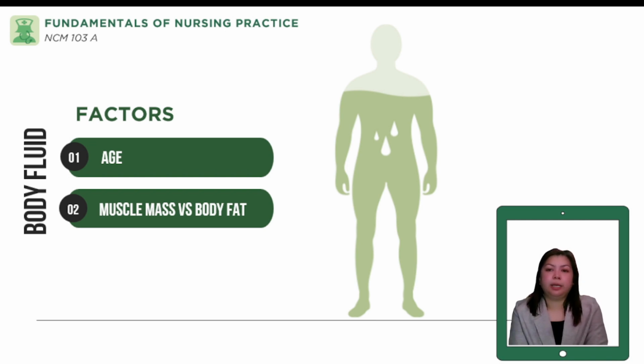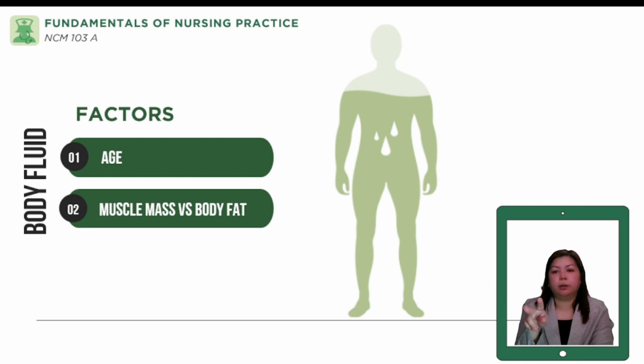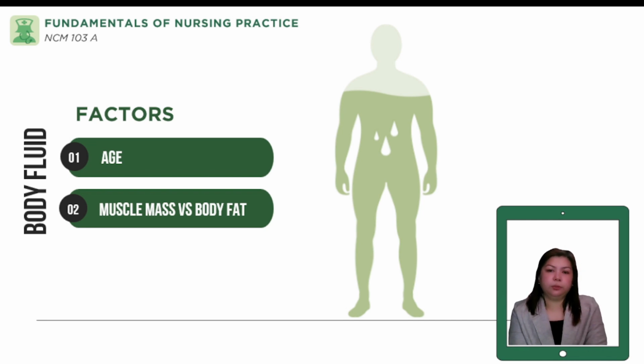Obese people have less total body water than a lean person. So for example, if we have two patients who both weigh 180 pounds, one patient has 180 pounds of muscle and another patient has 180 pounds of fat. These obese patients would be at most risk for fluid imbalances like dehydration because of less lean muscle mass and more fatty adipose tissue.